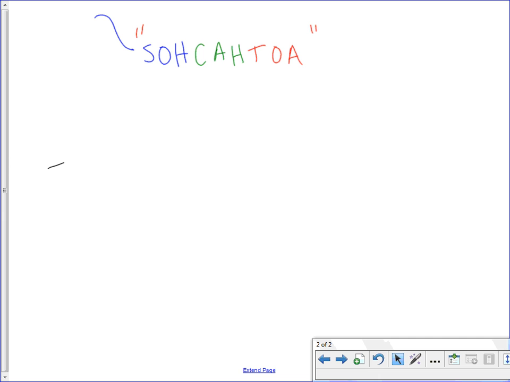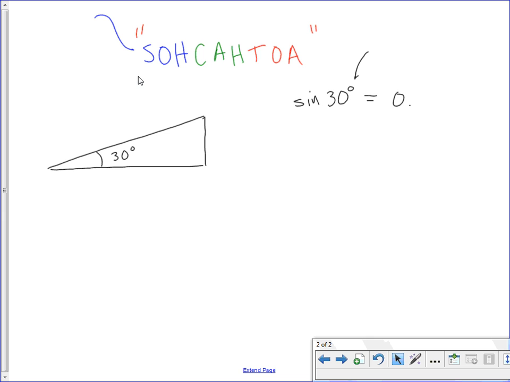These don't need to be vectors, but for us they will be in a lot of cases. If we do a plain old, boring, non-contextual math example, we could say that if this is, for example, a 30-degree angle, well, if you type in the sine of 30 degrees on your calculator and you're in degree mode, you're going to get 0.5.